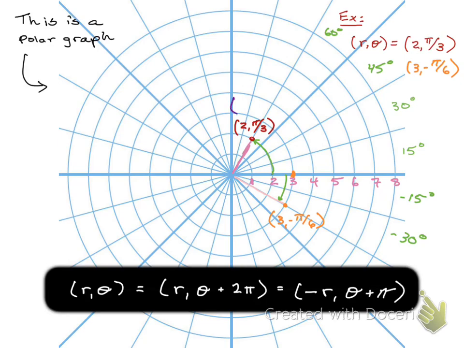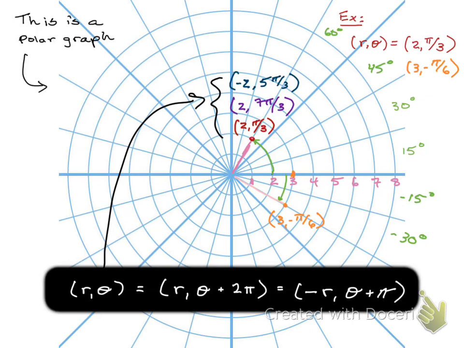So this (2, pi over 3), I can write as (2, pi over 3 plus 2 pi), which should be (2, 7 pi over 3), right? And I can also think about this as (-2, pi over 3 plus pi), which should be (-2, 4 pi over 3). Okay? So all of those are just different ways to represent the same coordinate point.